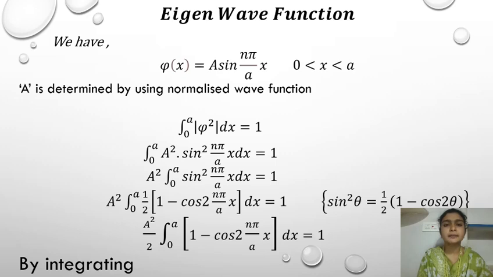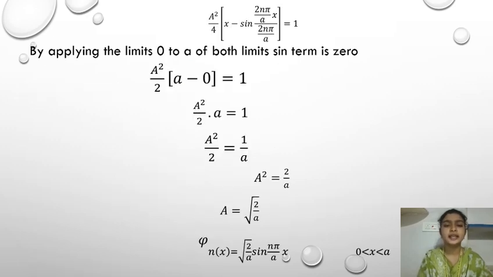A square by 2 integration 0 to a of (1 minus cos 2 n pi by a x) dx equals 1. By integrating we get A square by 2 of [x minus sin 2 n pi by a x by 2 n pi by a] from 0 to a equals 1. By applying the limits 0 to a, the sine term is 0.